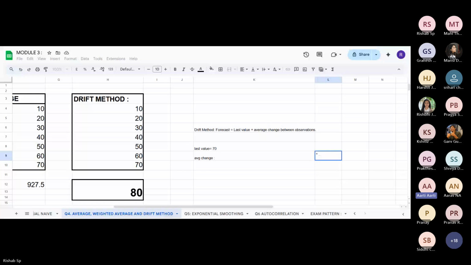But if the variation is different, then the average will result in a different value. We'll take the differences and divide by the number of observations, which will be 7 itself, I think.